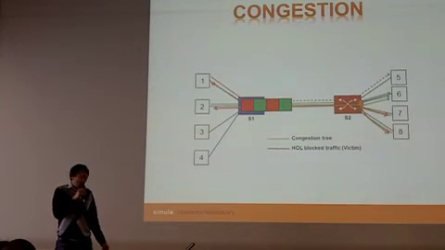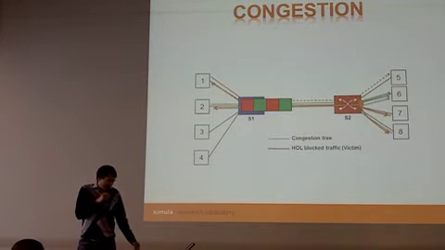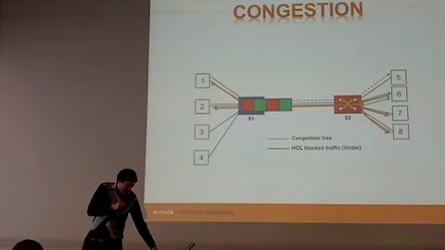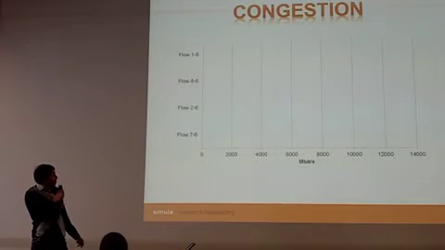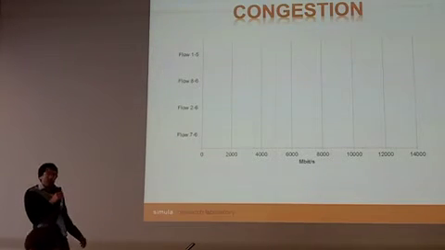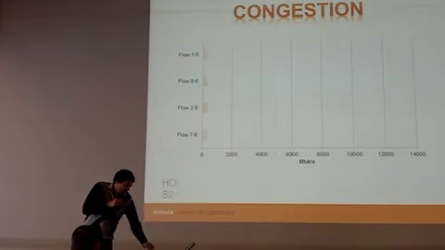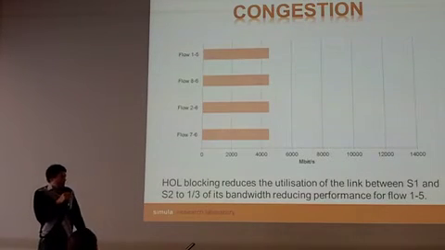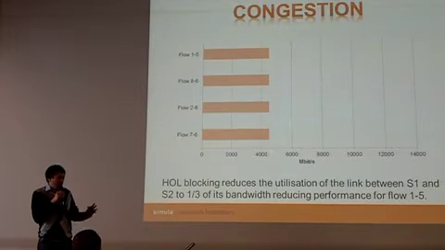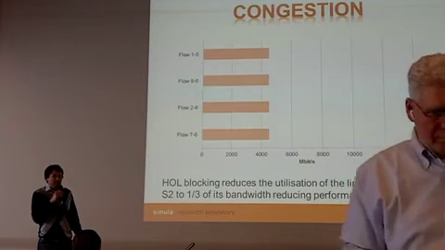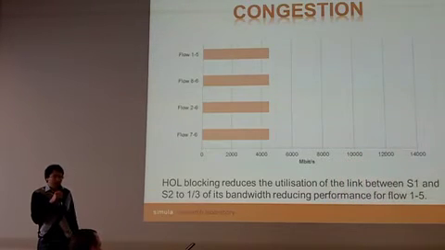of the victim flow. So if we try this setup in the lab, let's look at the results that we will receive. Remember that flow 1 to 5 is the victim flow, and the other flows are all congested flows. So the results will look like this. For the congested flows, there are 3 flows sharing a single DDR link, and they get 1/3 of that link each, which is fine. That's the best we can hope for in this scenario.